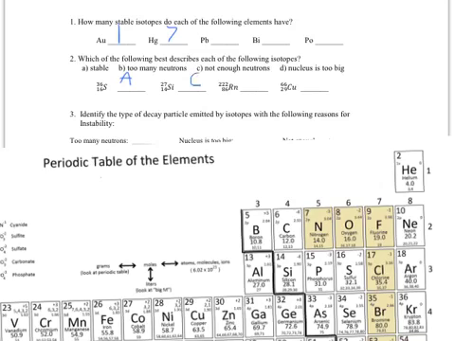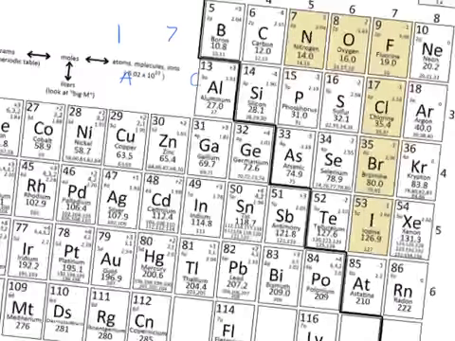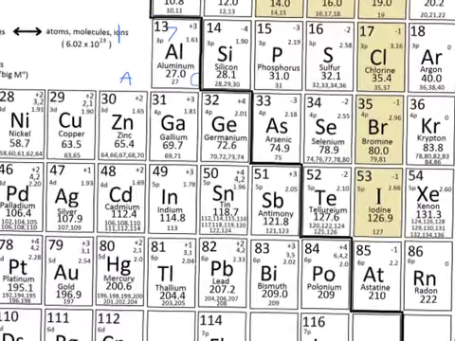Now the next one is radon 222, and that's element 86. Here's radon, but what I want you to notice is this. The largest element that has any stable isotopes is bismuth, element 83.